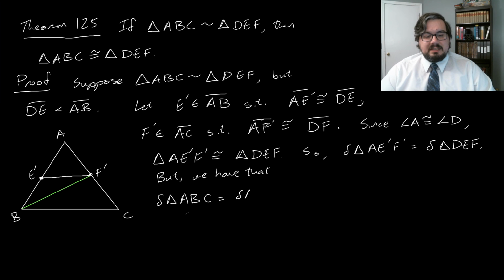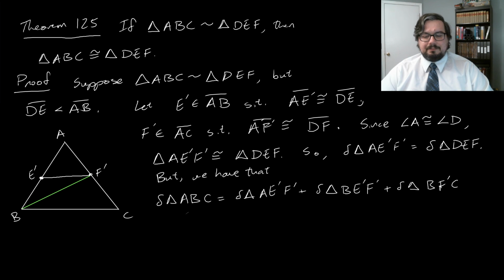It's equal to the defect of triangle A, E prime, F prime, plus the defect of triangle B, E prime, F prime, plus the defect of triangle B, F prime, C. The defect of the whole big triangle is the sum of the smaller defects.